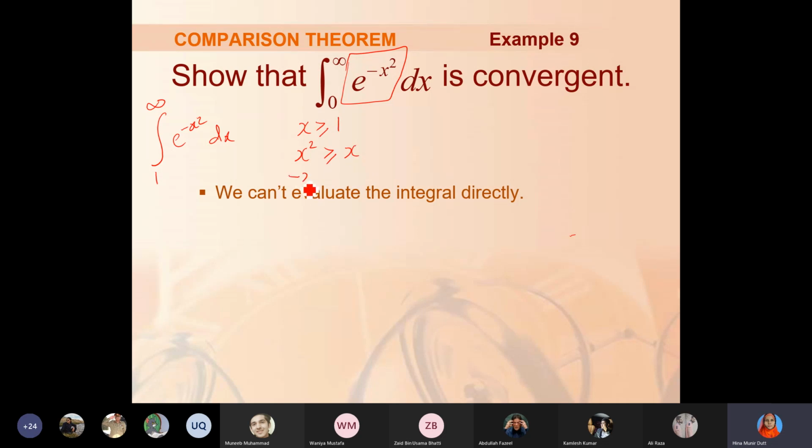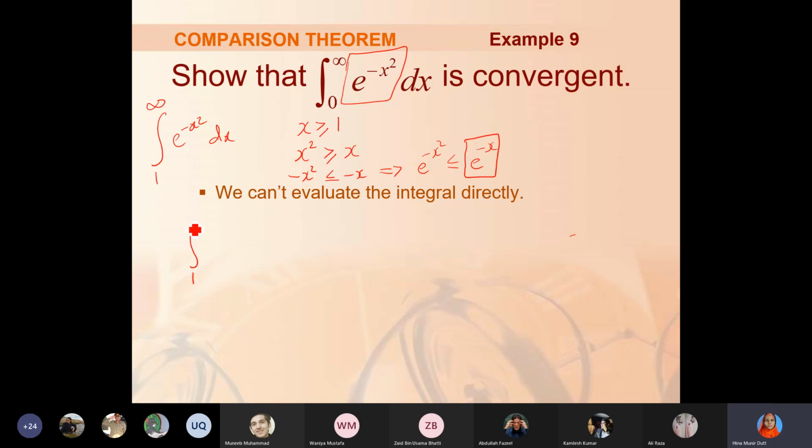And if I multiply it with minus, the inequality is reversed. Since the exponential function is an increasing function, when minus x square is less than or equal to minus x, it means e power minus x square is less than or equal to e power minus x. So I have constructed a function e power minus x such that e power minus x square is less than or equal to e power minus x.